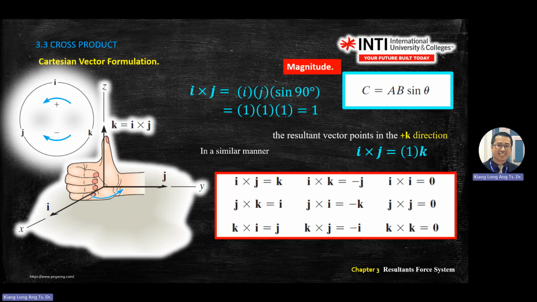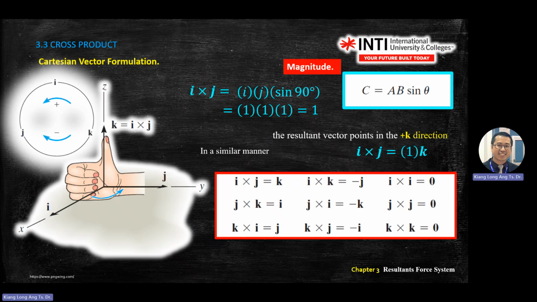For example, you take J cross K, positive direction. J cross K, you get positive I. Then K cross I, you still get positive J. For example, you take J cross I, clockwise, you get negative K. You take K cross J, you get negative I. This diagram is important.